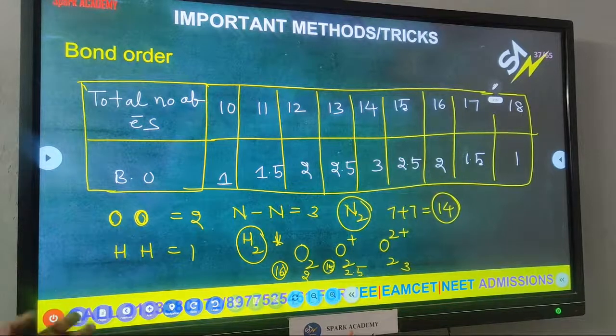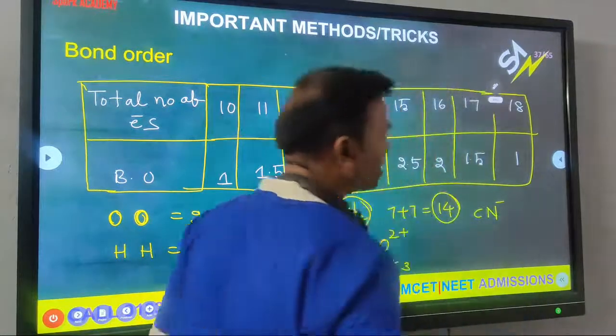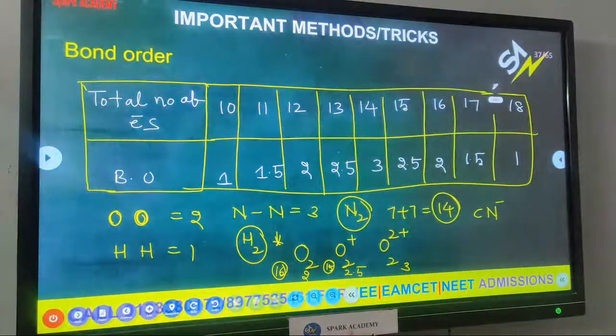One parameter and the other parameter, they have a correlation. So in this way, one more example. CN minus, called cyanide. What about the bond order of CN minus?